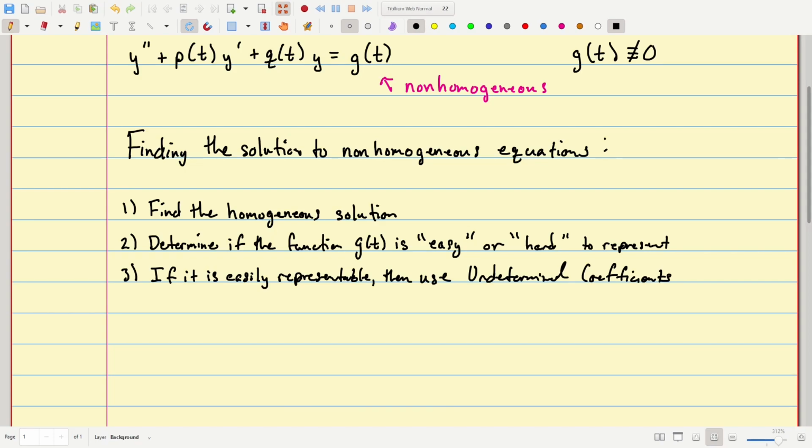If it's easily representable, we'll use undetermined coefficients. Otherwise, we'll use what's called variation of parameters, which is the name of our other technique.